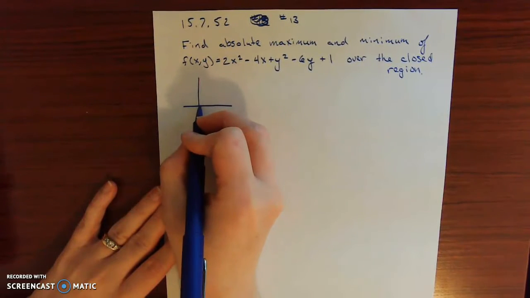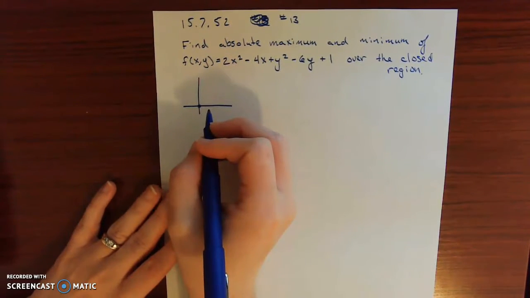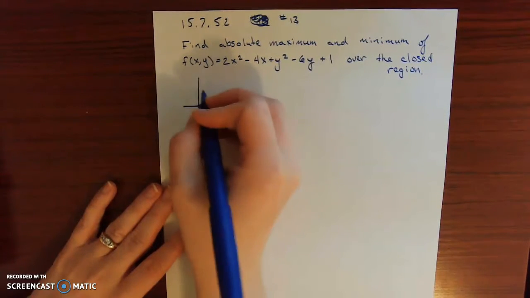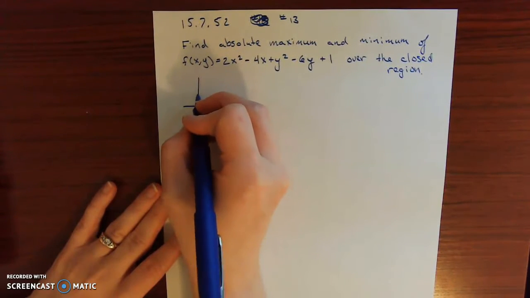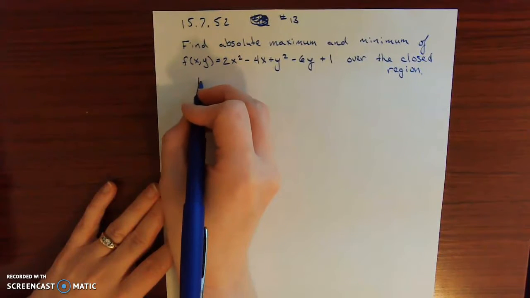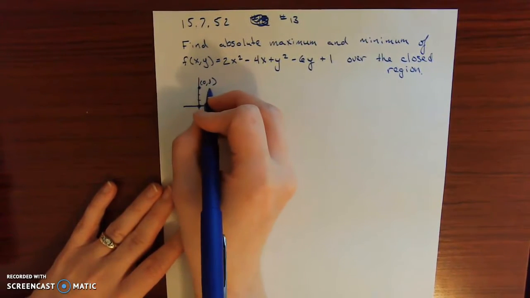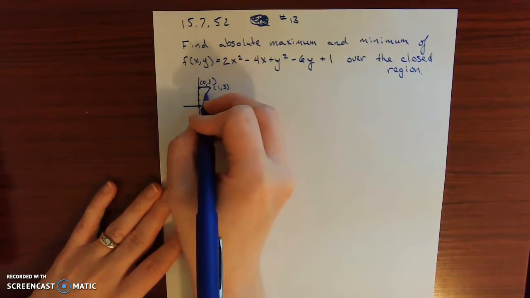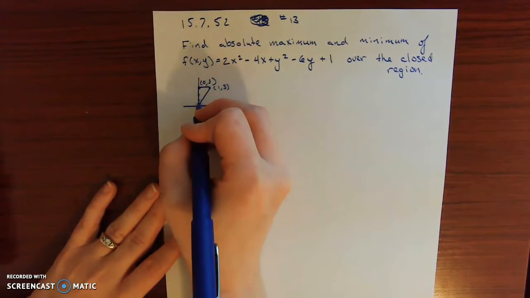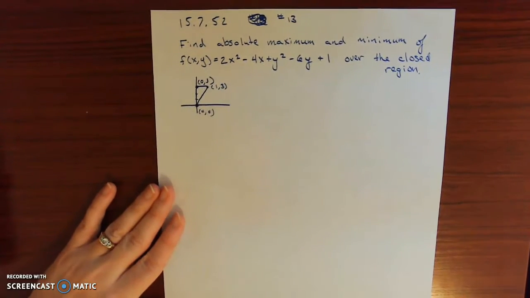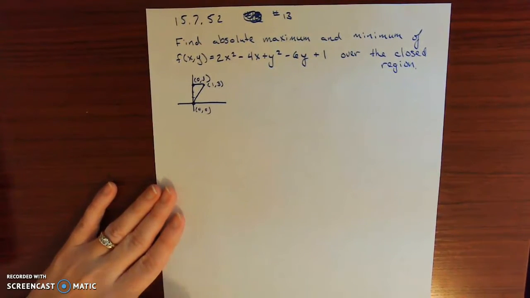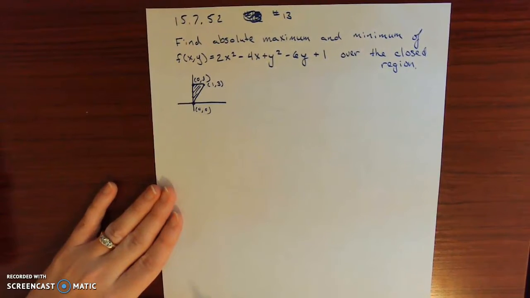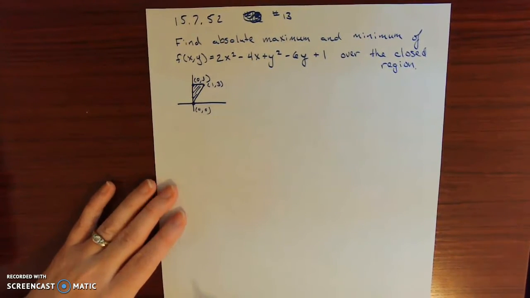So the region is bounded between these three vertices, 0, 0, and 0, 3, and 1, 3. Of course MyMathLab changes the numbers, so you probably have some other vertices still forming a triangle. So the region would be everything in this region here. So that's the domain of our function.